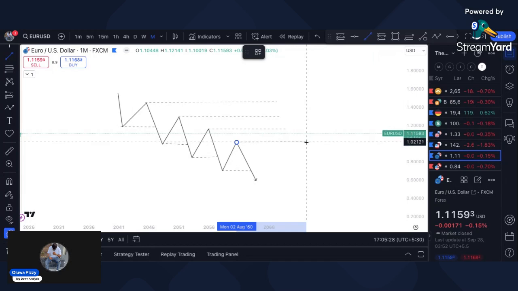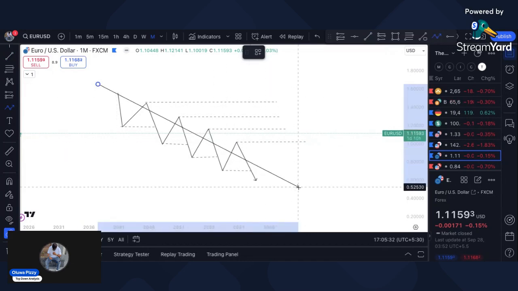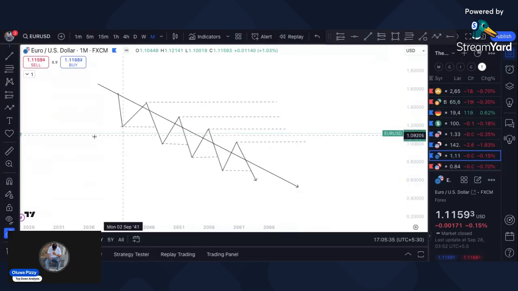That's how you know you are in a downtrend. Why? Because this low is lower than this, and this low is lower than this, and this low is lower than this.